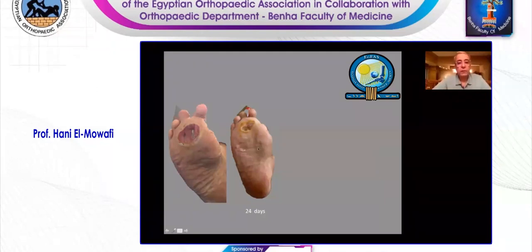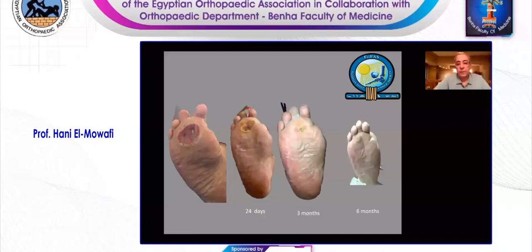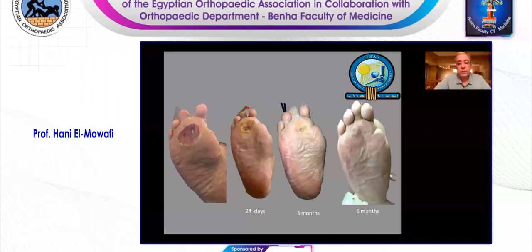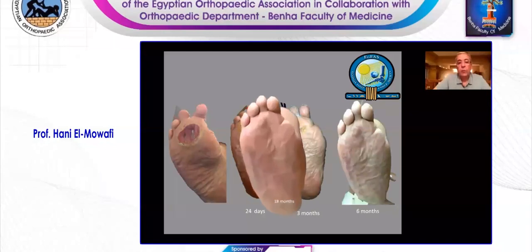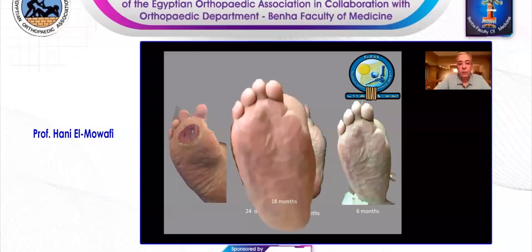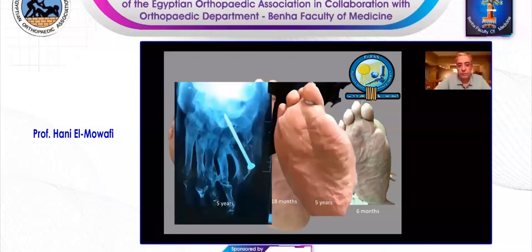After 24 days, and after 3 months and 6 months, the ulcer is completely closed. And the skin looks like normal skin, which is a benefit for the patient and also a benefit for the surgeon.